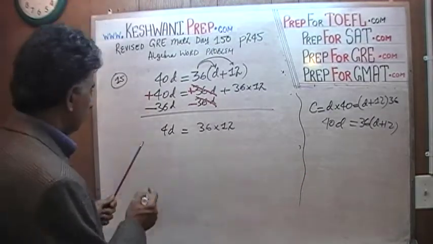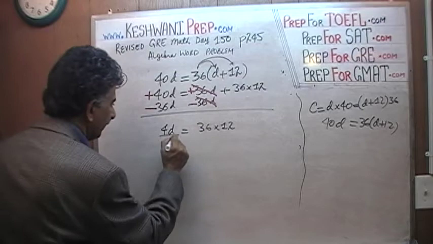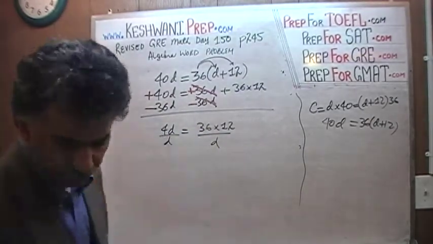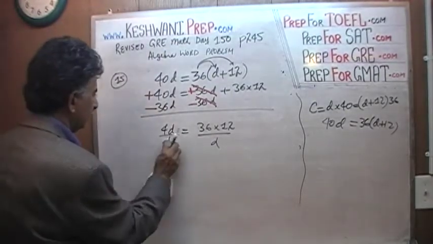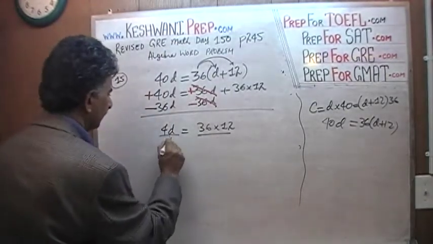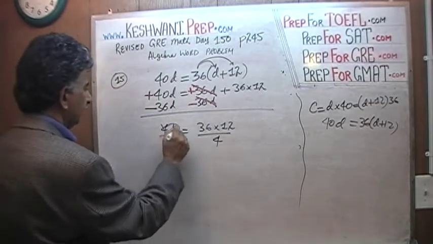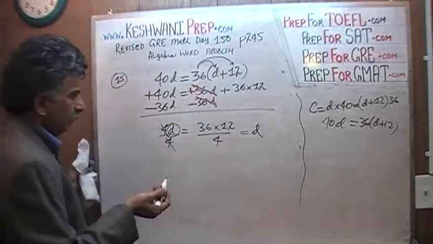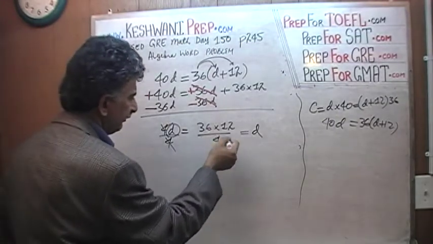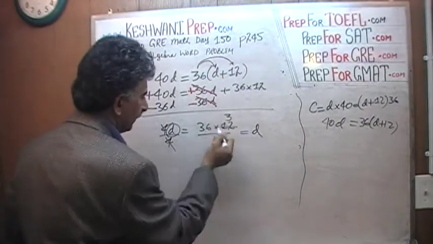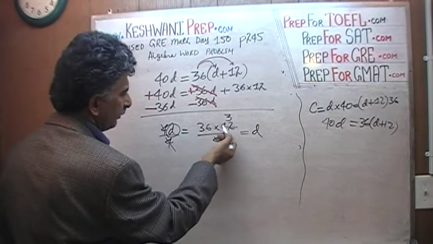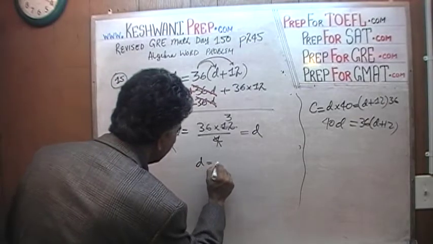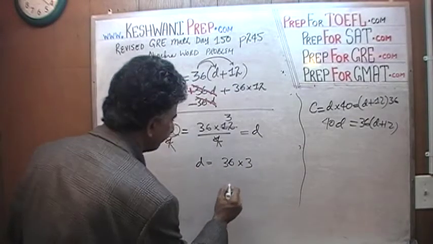For example, here, 4d equals this. That means if you divide both sides by 4, that's your d. So d equals that amount. And now we don't have to do the messy calculations. Just divide any of these by 4. There are 3 4s in 12, so it's 36 times 3. D equals 36 times 3.